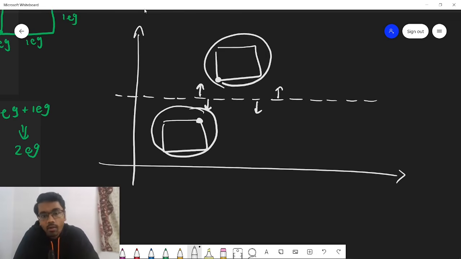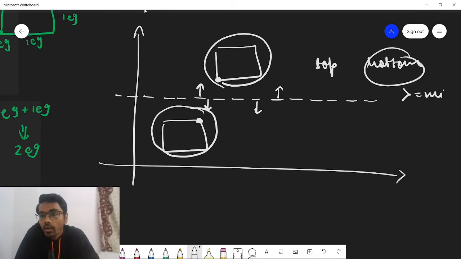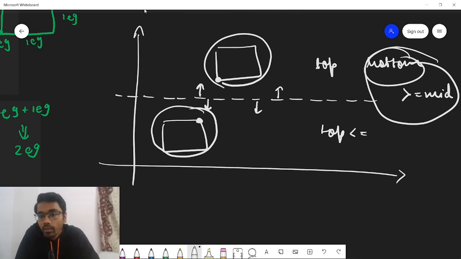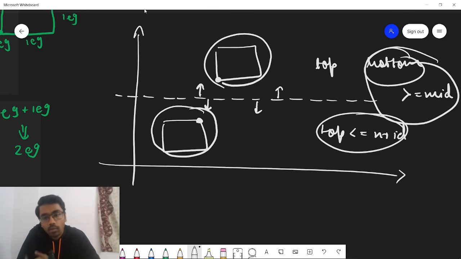So for every square we will get its top point and the bottom point. And if the bottom point is greater than or equal to the mid part, that means this square is in the above part. And if the top value is lesser than or equal to the middle part, that means this square is coming in the lower part. But what if we have some scenario like this?